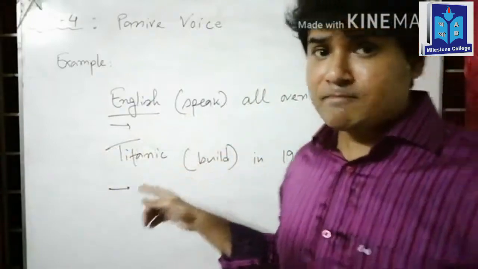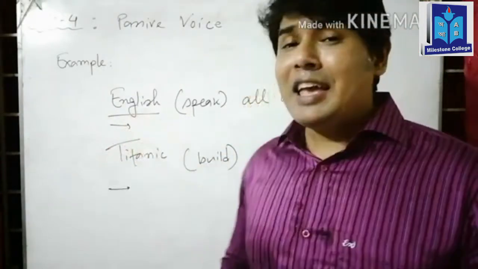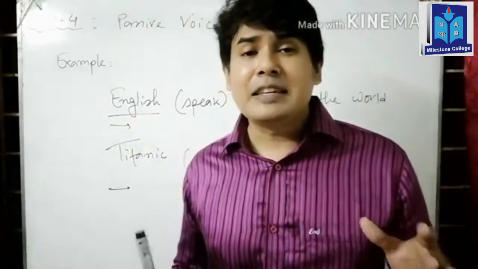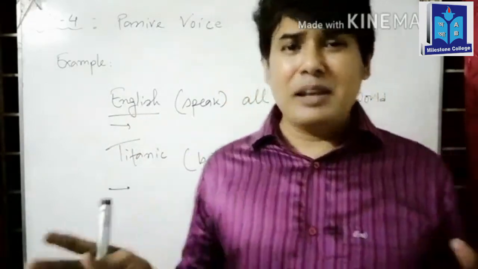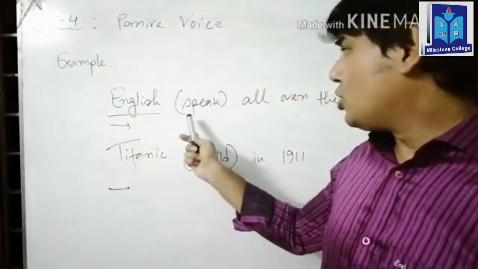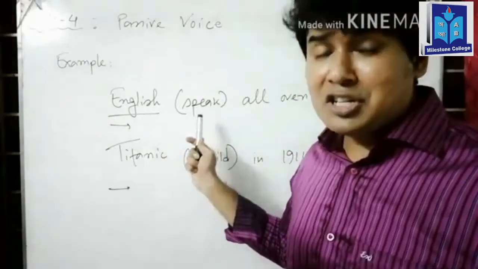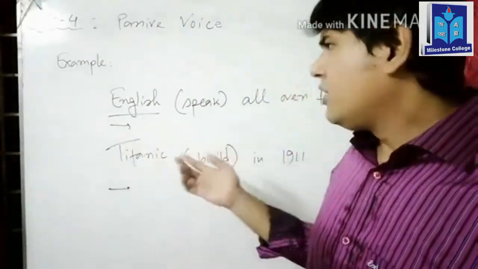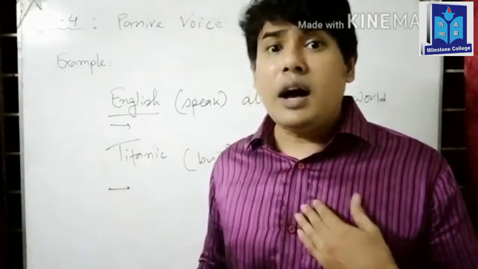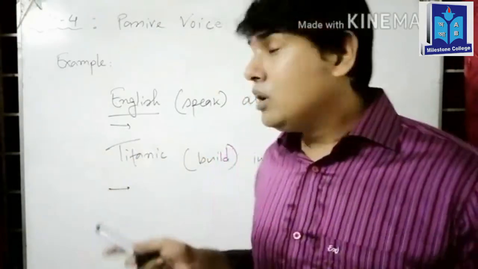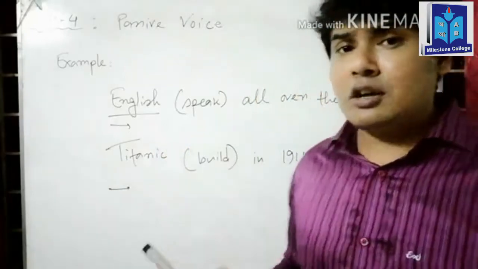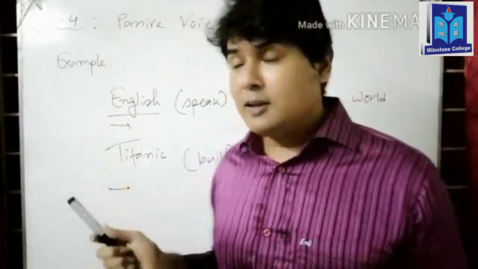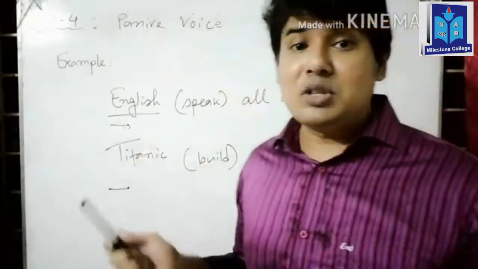Let's see the example. English, speak all over the world. Here, speak. English is a language, and it has no ability to speak, so this action cannot be done by English. If there were people, if there were I, if there were you, then easily this action could have been done by those people. But here English actually can't do this.